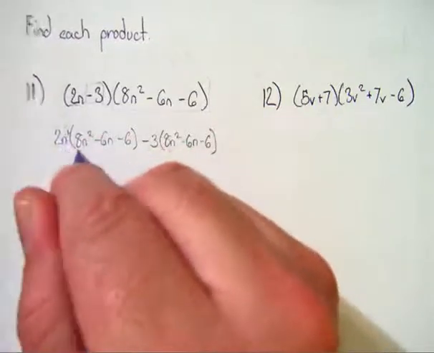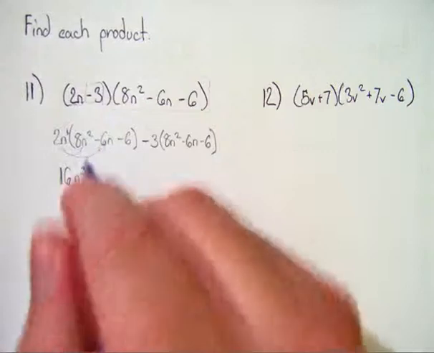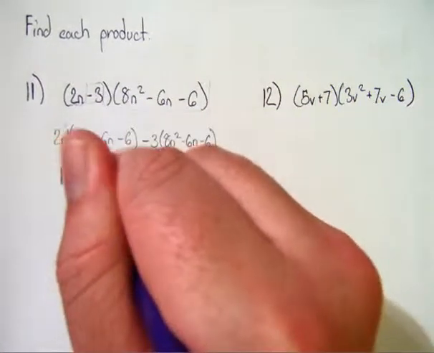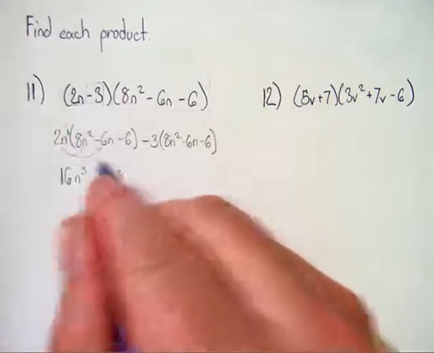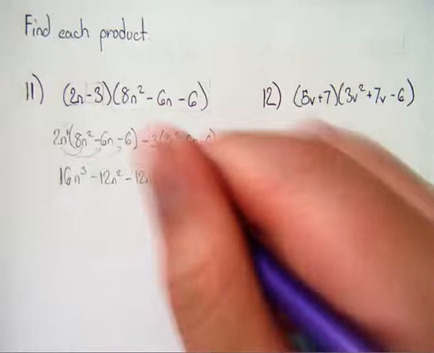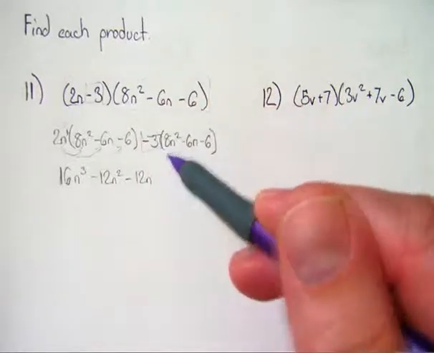Now we'll continue distributing this. We need to distribute it there. 2n times negative 6n is going to give us minus 12n squared. Do it again here, and we're going to get minus 12n. Now I need to distribute the negative 3 throughout this.